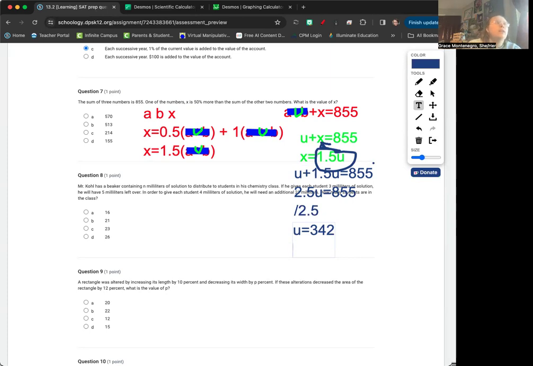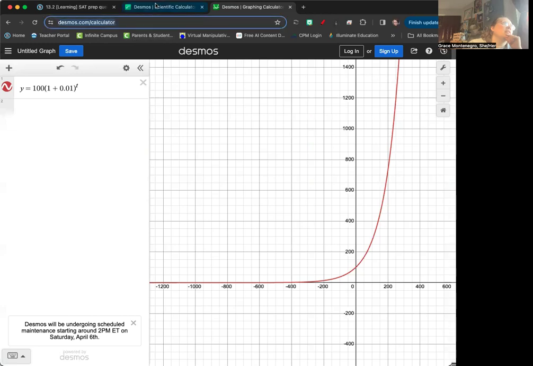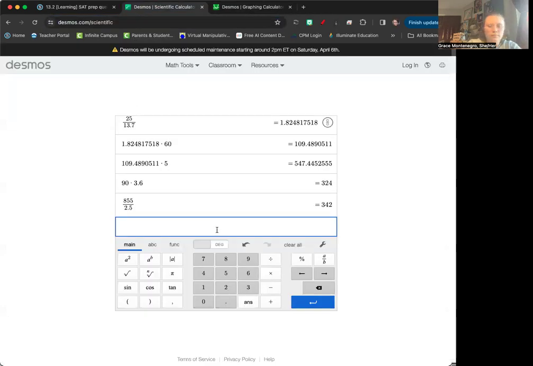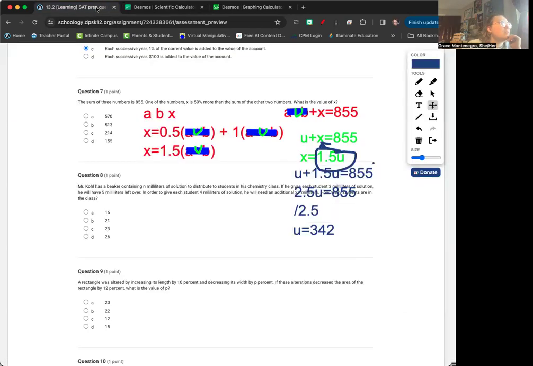Now, we were already told X is the biggest number, and that U plus X equals 855. So at this point, all we have to do is subtract 342 from 855. $513 should be our answer, and it is one of the options.